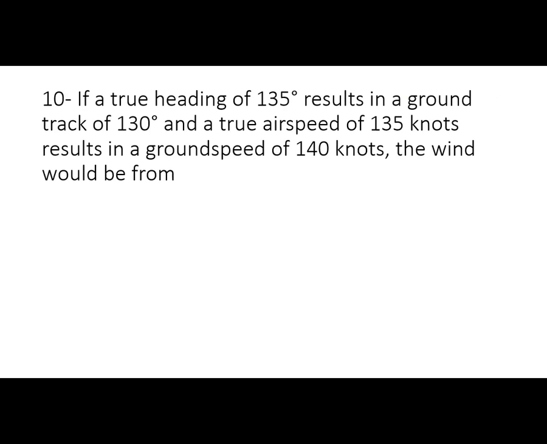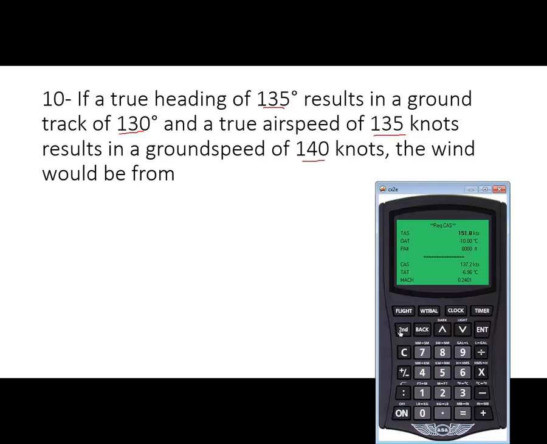And our last question on this video: if a true heading of 135 results in a ground track of 130 and a true airspeed of 135 knots results in a ground speed of 140, where is the wind? On this one, you're going to go into your actual leg menu and look for an unknown wind.